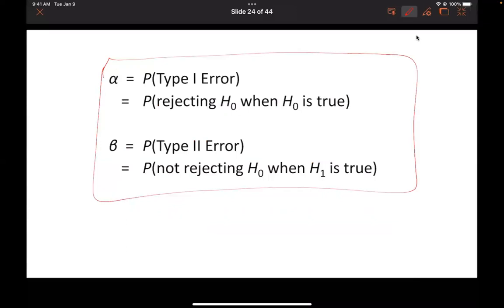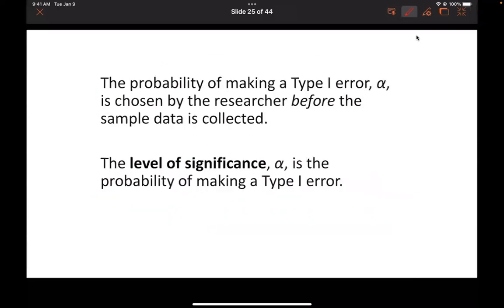Okay. I'd already said this. The probability of making a type 1 error, alpha, is chosen beforehand. We call this the level of significance. Alpha is the level of significance. So we choose that probability of making the type 1 error. This level of significance, just like with making our confidence intervals, tells us where our boundaries are.